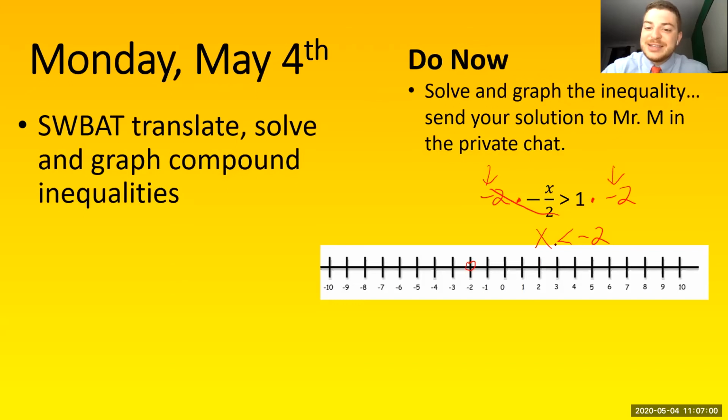So if we have a less than sign, remember, that's an open circle, and that says that that's not part of the solution. And then we're going to shade everything that is a solution. So anything less than -2 would be a solution. This would be the way that we would graph this: an open circle on -2, shading to the left. If your variable is on the left side, the arrow always points to where you're going to be shading.